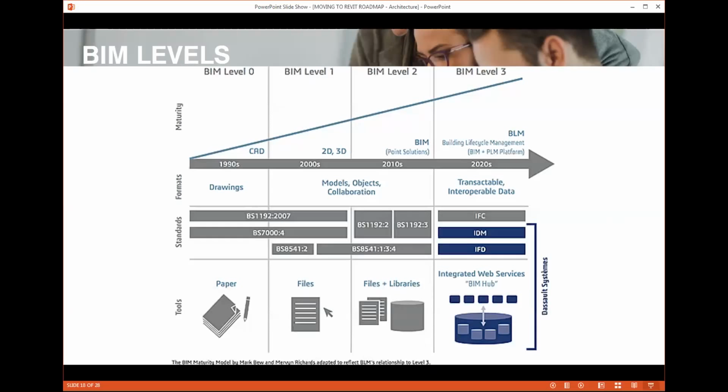Do you understand? So go through the process, but the end point is collaboration and everybody on the team, starting from BIM level 2.